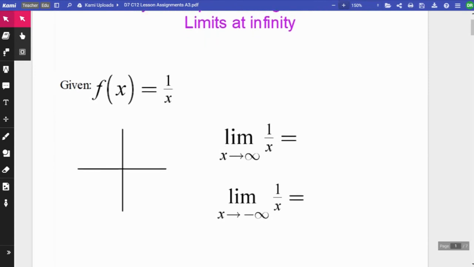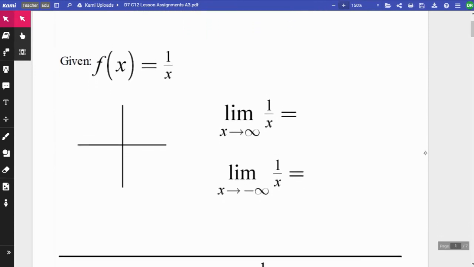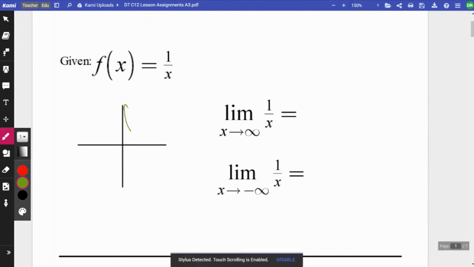So we could look at the function 1 over x that we've seen before, and it basically makes a shape something like this. And it has asymptotes. These are like little imaginary lines that our graph is not coming across.